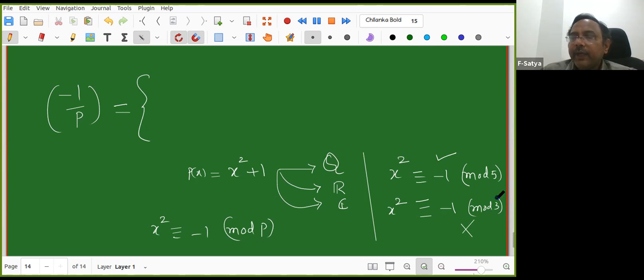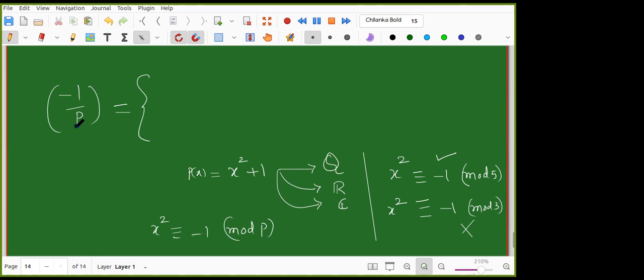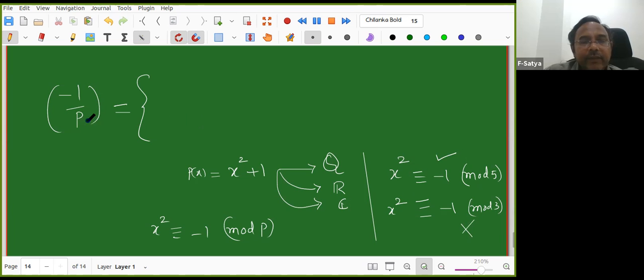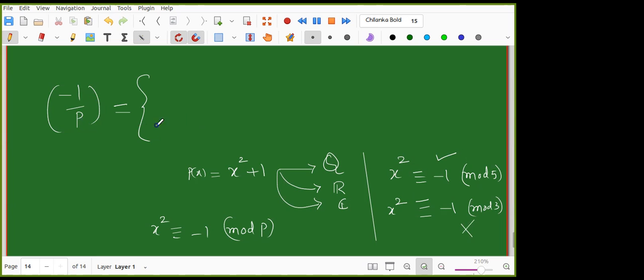So I keep changing primes. When my prime equals 3, what is the answer? It's not a quadratic residue. That means this symbol is 1 or -1; in that case it is -1.